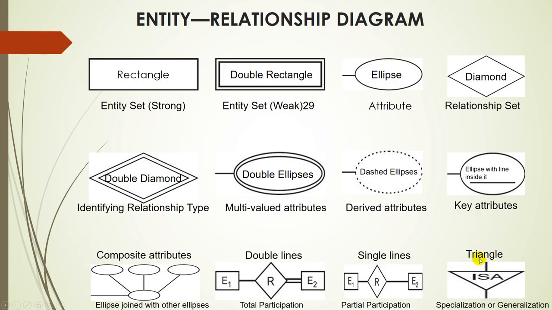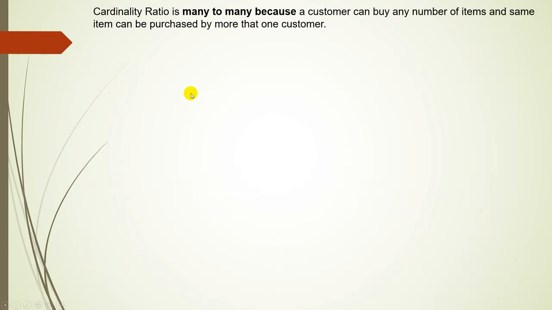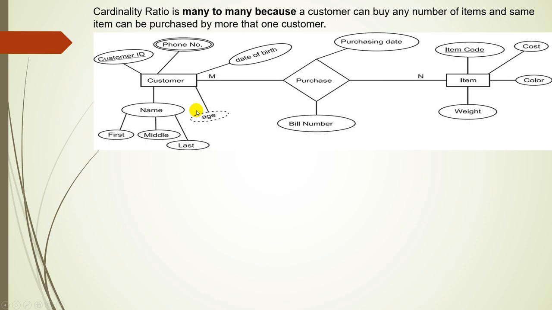And the triangle we will use for specialization or generalization. Let's see some examples to have a better understanding. In this diagram, we have two individual entities. Entity 1 is a customer and entity 2 is the item.